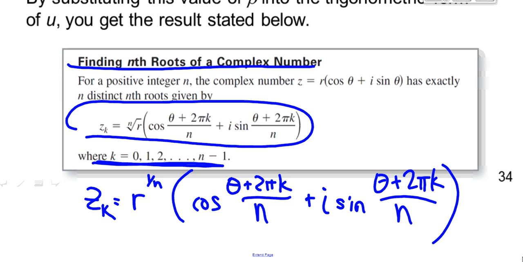Remember, if we're finding the 6 roots, then there are 6 answers. Do you agree with that? So if there's 6 roots, we have to do this 6 times. But if you have to do it 6 times, you should figure it out by number 6. You're going to have to be able to do that.